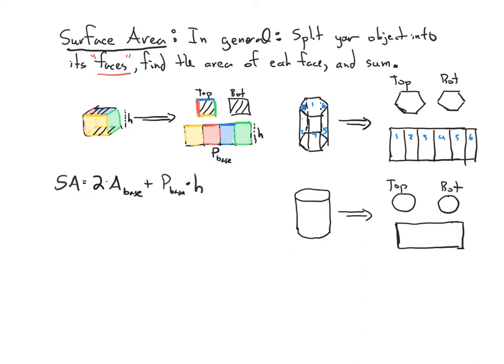Now, we'll keep this here for a second. I want to talk about a few more prism and prism-like shapes. Here we have a hexagonal prism, and just because I don't have enough colors, I just labeled the sides 1 to 6. So the back is 1, and then going to the left, we have side 2, side 3, side 4, side 5, and side 6.